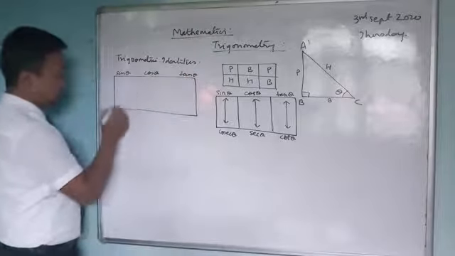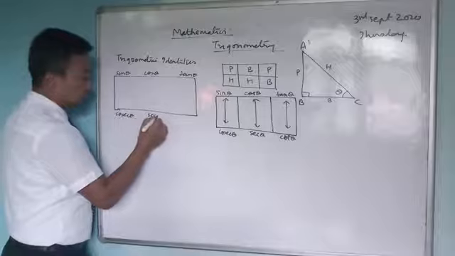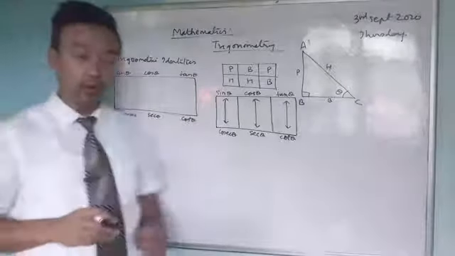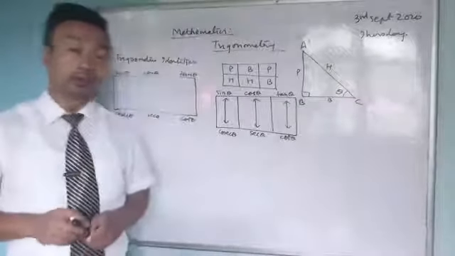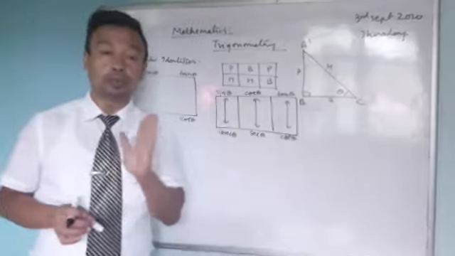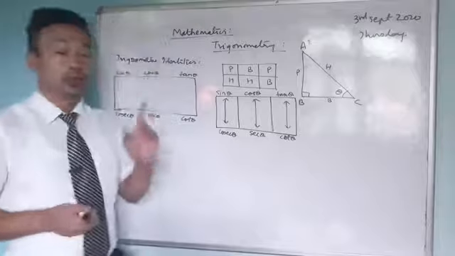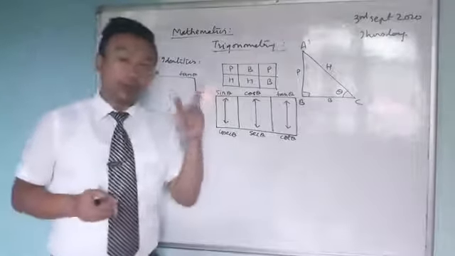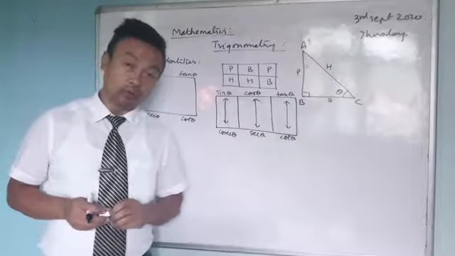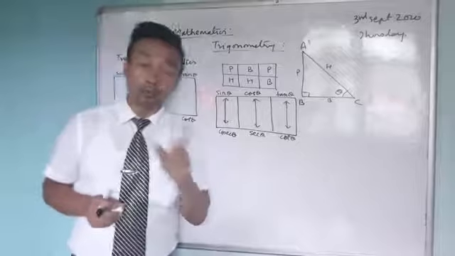The opposite of sine is cosec theta, the opposite of cos is sec theta, and the opposite of tan is cot theta. We have already learned yesterday the 3 identities in the square. The first one was sine square theta plus cos square theta equals 1, the second one was cosec square theta minus cot square theta equals 1, and the third one we have learned is sec square theta minus tan square theta equals 1.